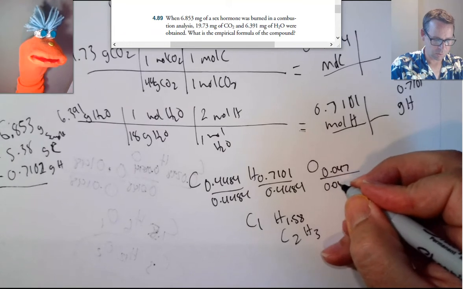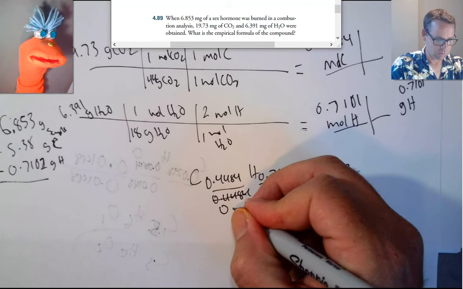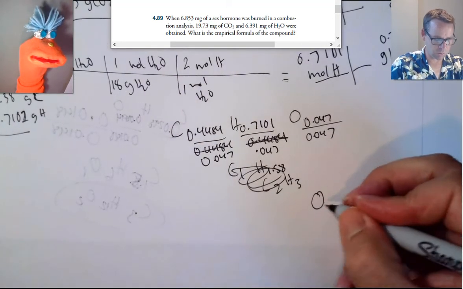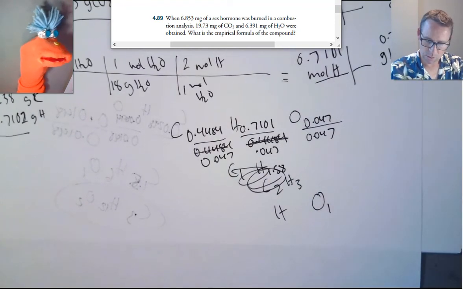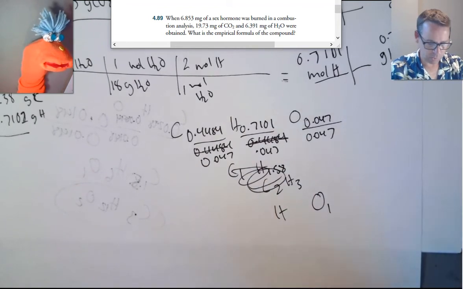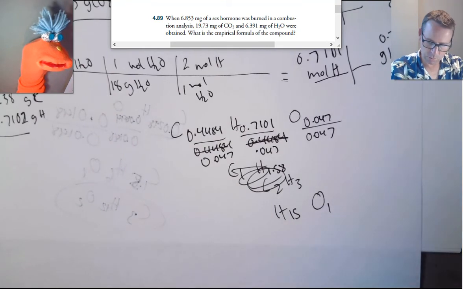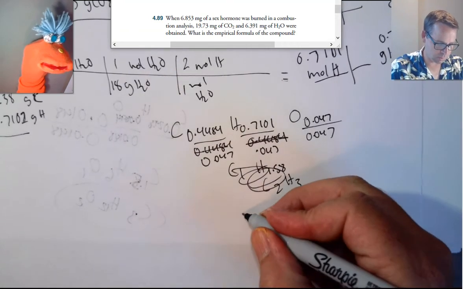Now this time, we're going to divide all of these by 0.047. And that's going to force our oxygen to 1. Hydrogen, 0.710 divided by 0.047, that's 15. And then 0.4484 divided by 0.047, that's 9.5.